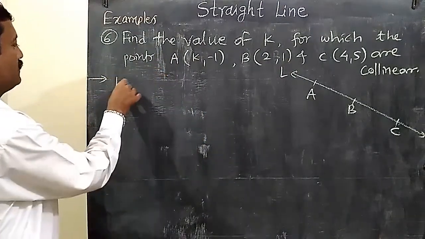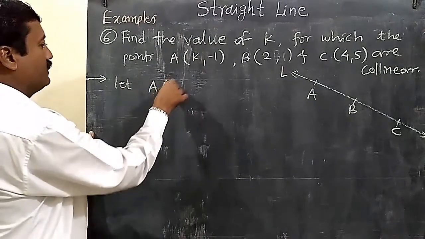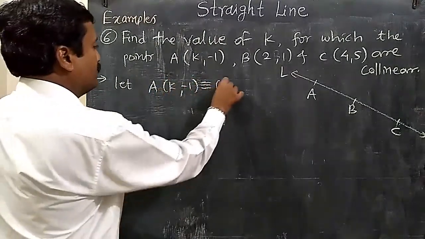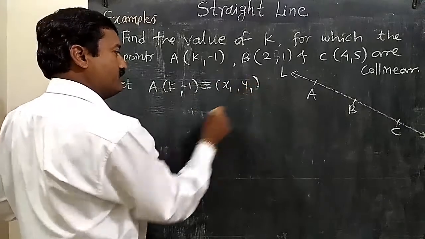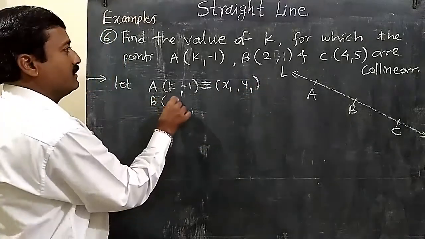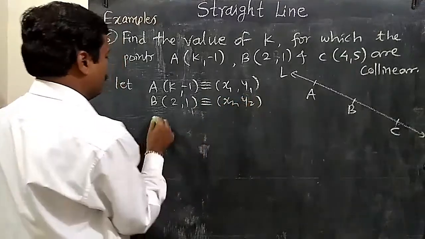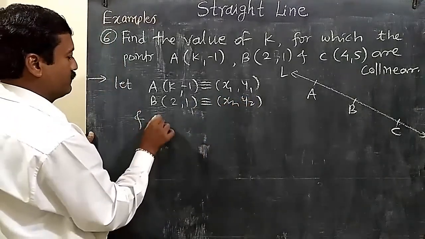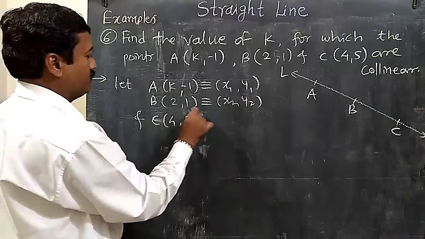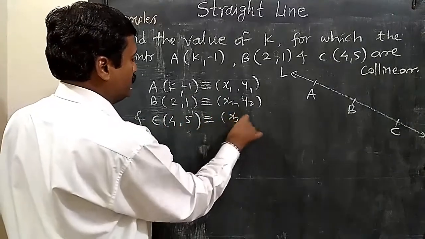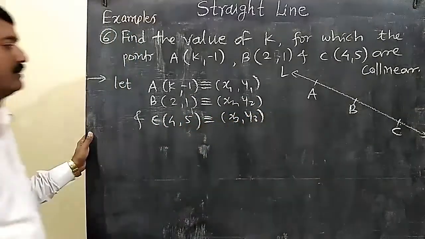Here let A (k, -1) be x1, y1, B (2, 1) be x2, y2, and C (4, 5) be x3, y3.